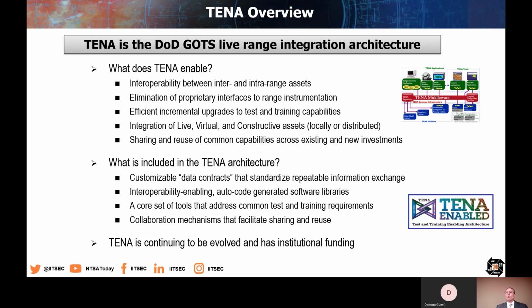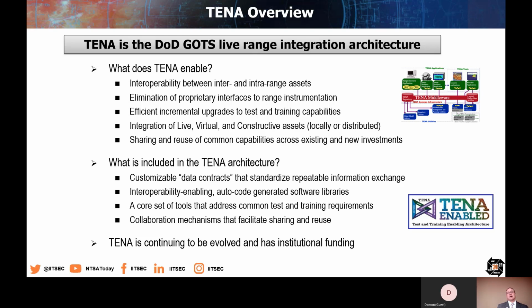And so what's included in this TINA architecture? Well, we've talked about object models, and that's what these data contracts are. There's a set that people can use to describe what they would find on a test and training range. And one of the things that TINA does is it takes that data model and generates software based on that data model, so its users can quickly code to this TINA standard.